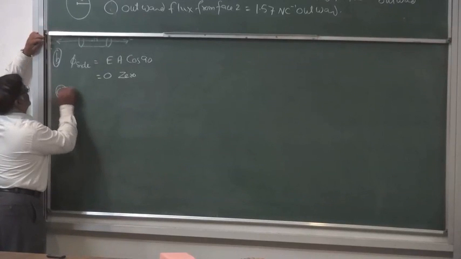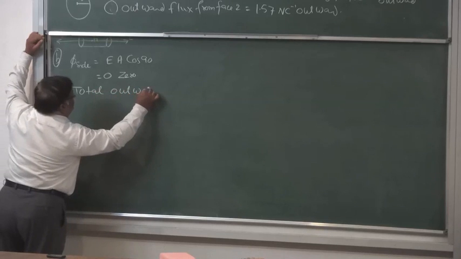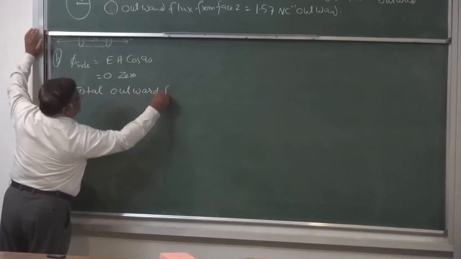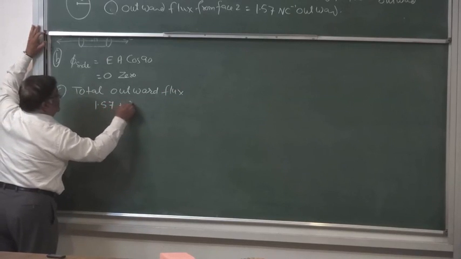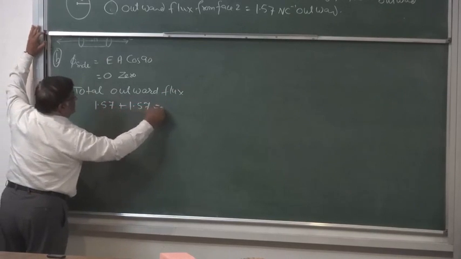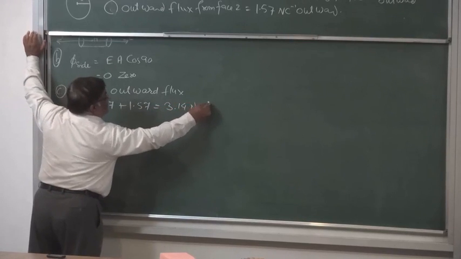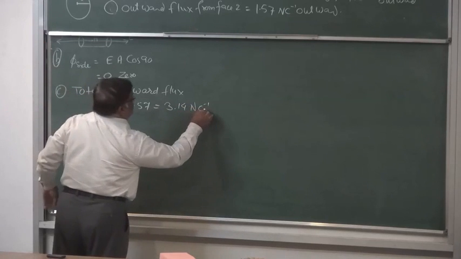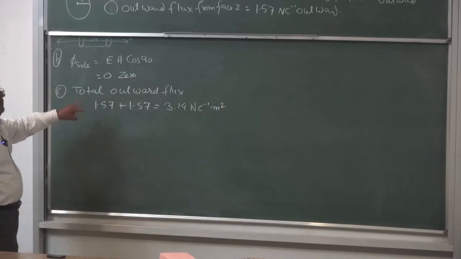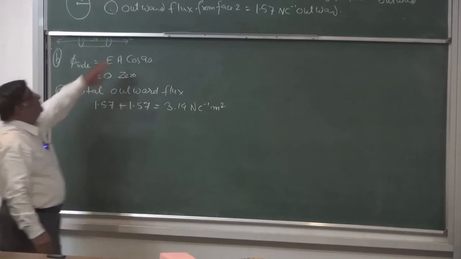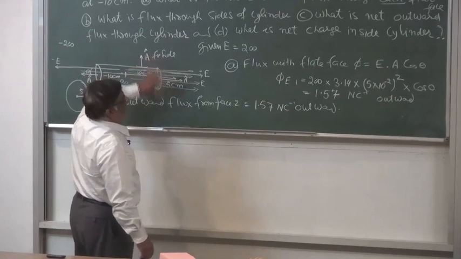So C, total outward flux: 1.57 plus 1.57 is equal to 3.14. Sorry, Newton per coulomb meter square. This is the total flux. Sum of this, sum of this, sum of this, all this.